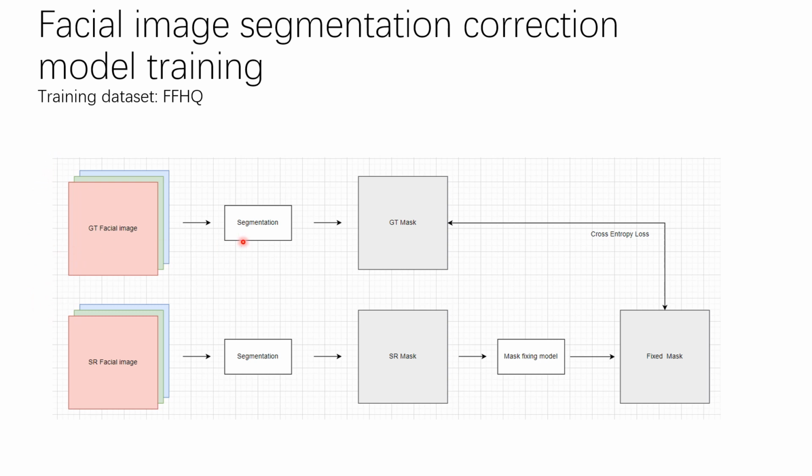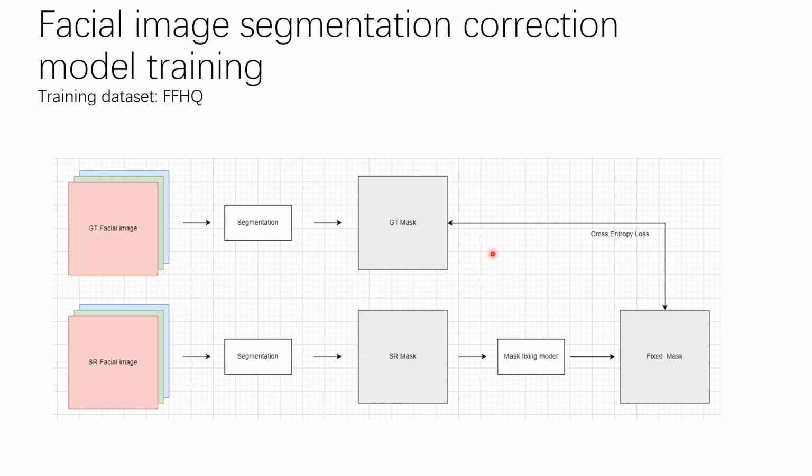First, we put the ground truth images to the segmentation model, and we can have the ground truth mask. And then we put the super resolution facial images to the segmentation model again, and we can have some super resolution masks.